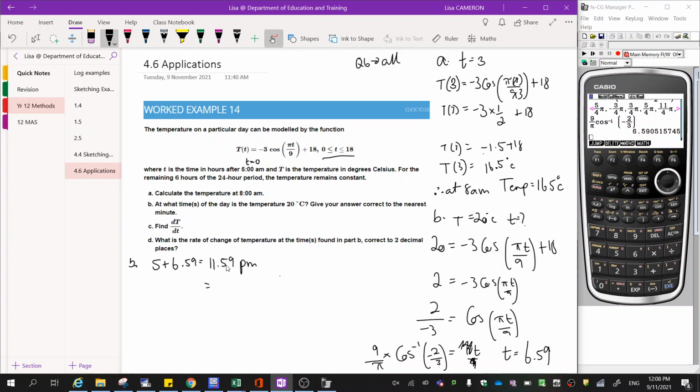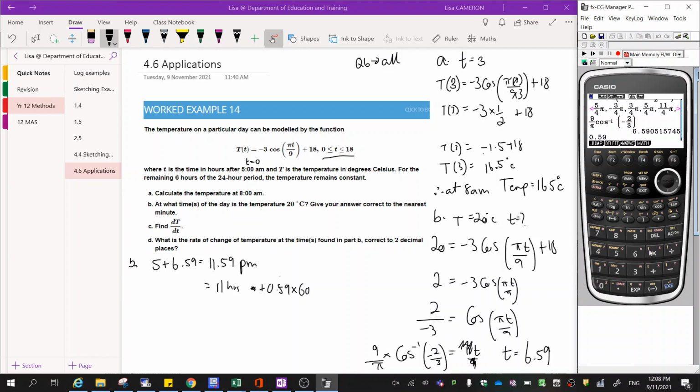And then if I want to convert this into being hours and minutes, it's going to be 11 hours plus 0.59 times 60, because there's 60 minutes.